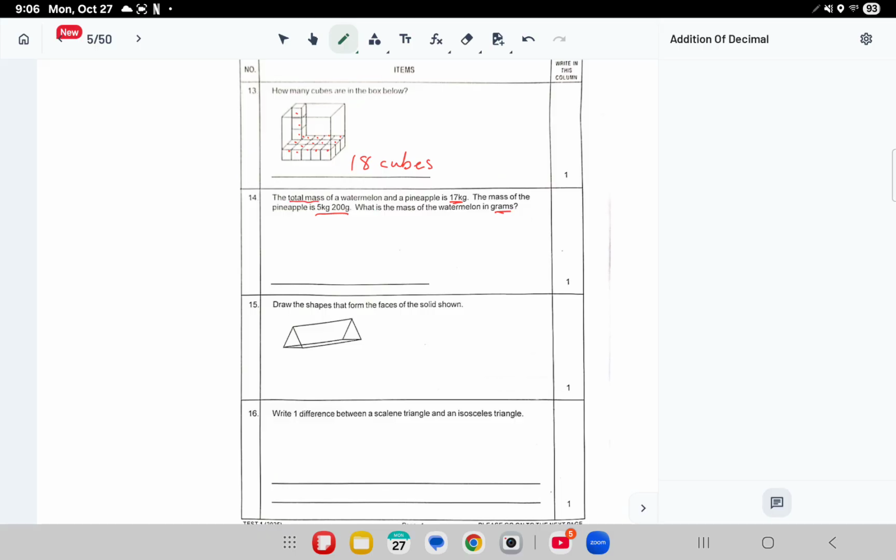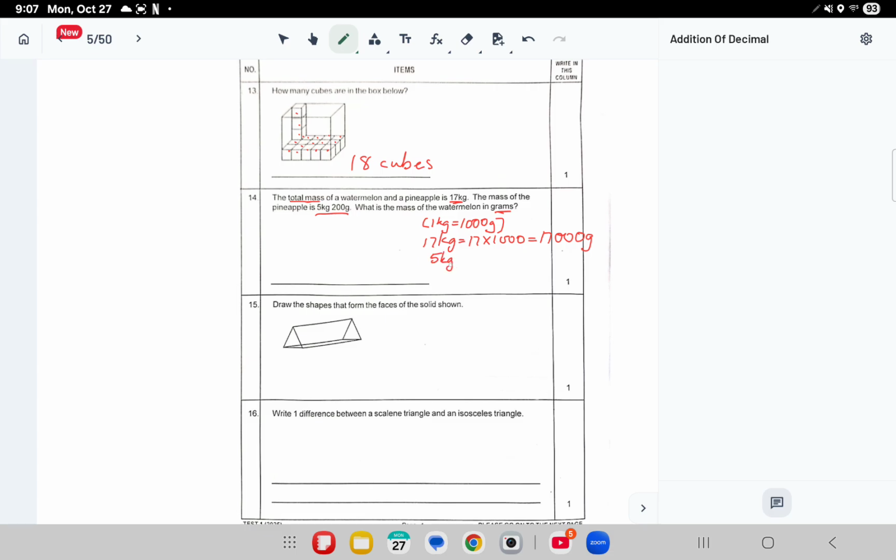So we know the total mass of both items is 17 kilograms. And we know that 1 kilogram is equal to 1000 grams. So 17 kilograms will be 17 by 1000, which is 17,000 grams. It said the mass of the pineapple is 5 kilograms, 200 grams.